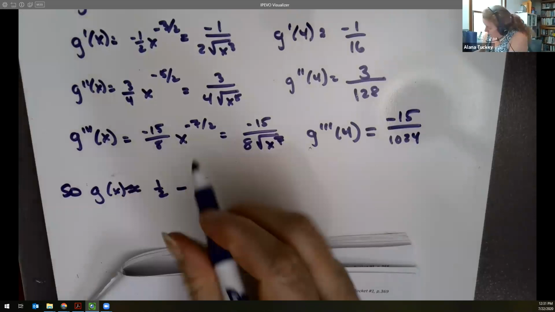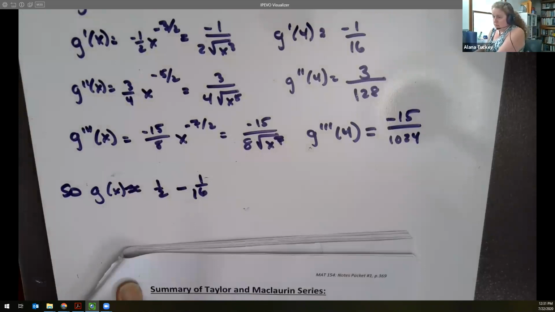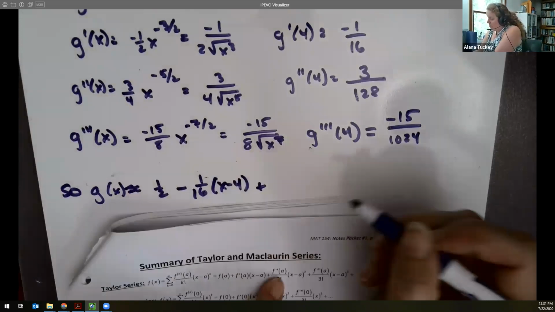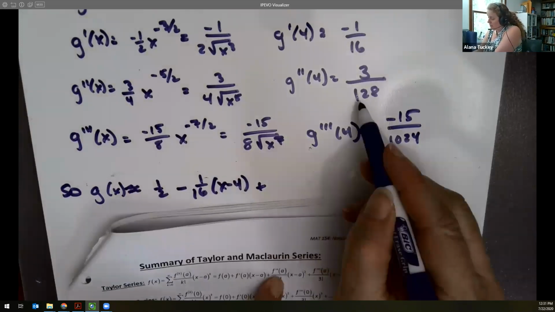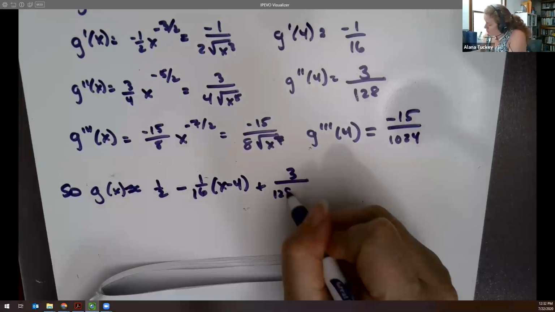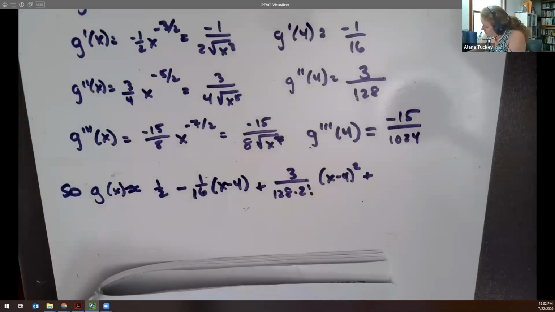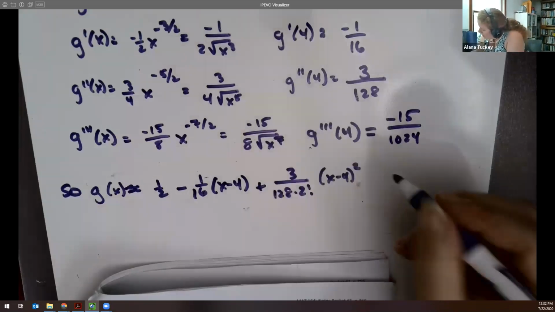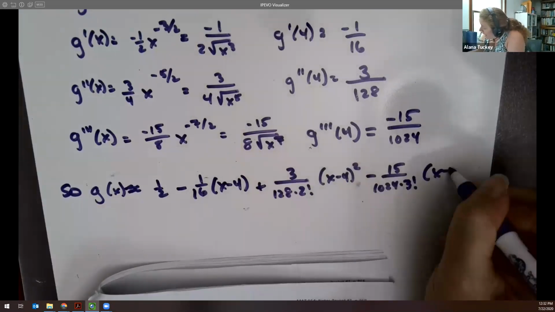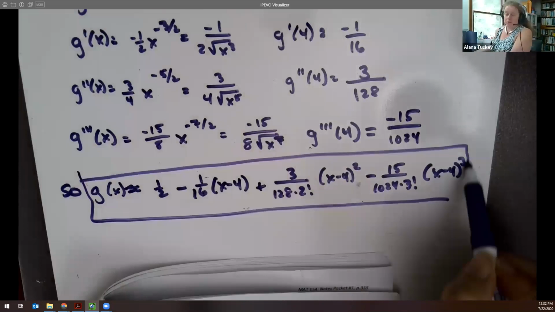Minus 1 over 16 times x minus 4, because a was 4 for us, plus, all right, g double prime, which is 3 over 128 divided by 2 factorial. So that'd be 3 over 128 times 2 factorial times x minus 4 squared, minus, sorry, I forgot about the alternating part, minus 15 over 1024 times 3 factorial x minus 4 cubed. And you're done. They actually don't want you to keep going, right? They say the first 4 terms, so there they are, the first 4 terms.